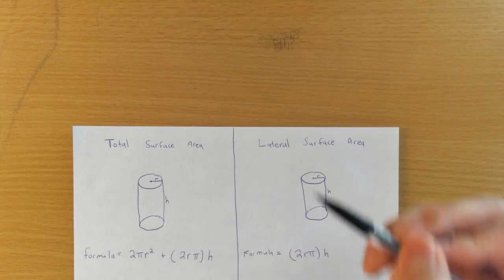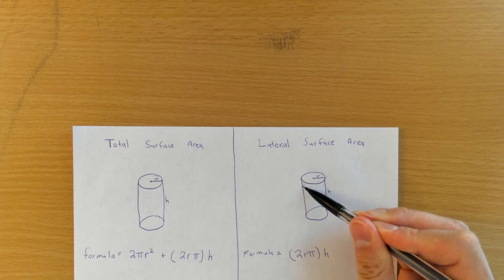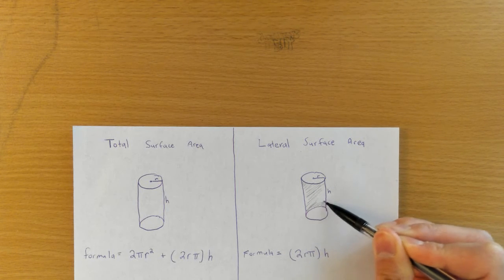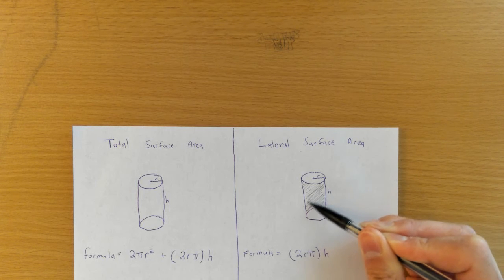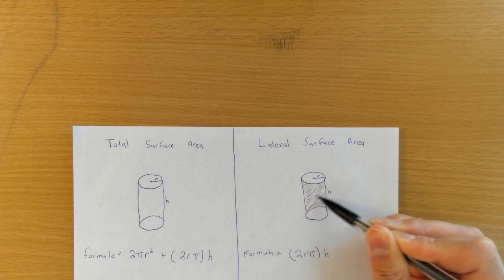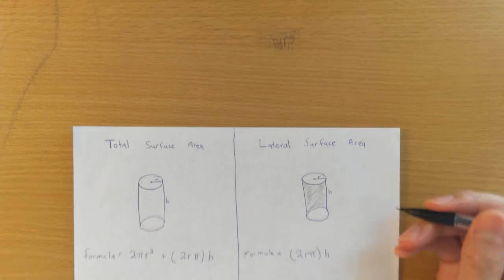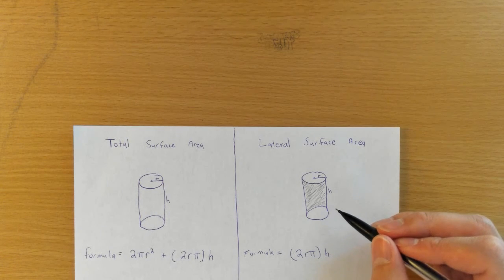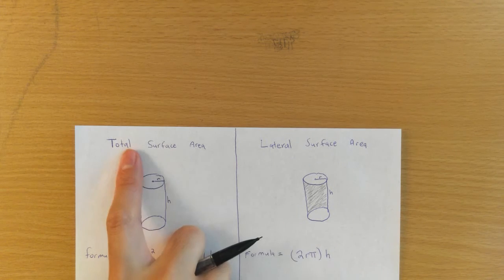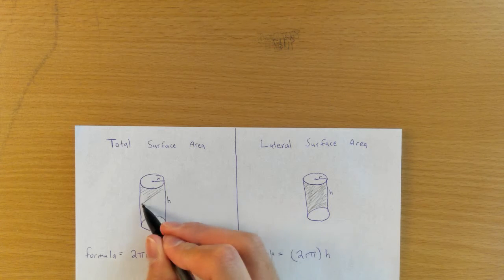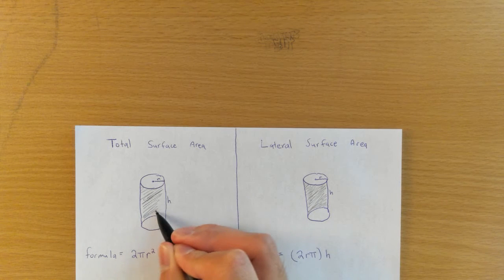So I'm going to start off with lateral. Lateral, like I said, is the area of just the side of the cylinder, as you can see. And the total surface area is the side, just like how lateral surface area includes the side.